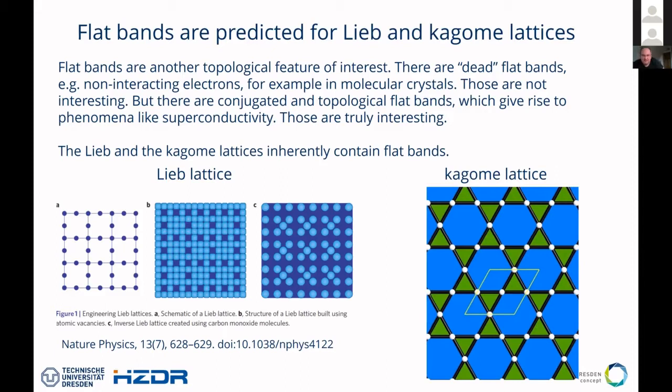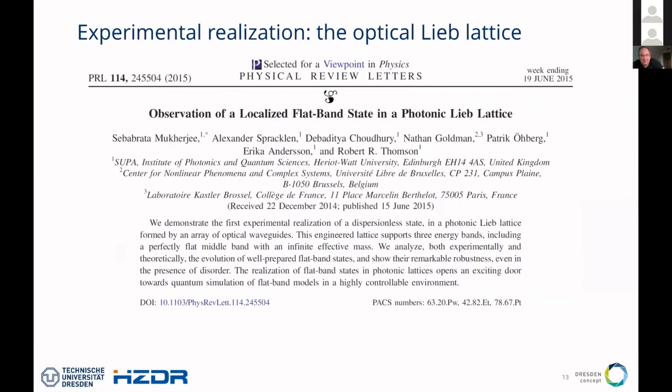So physicists thought, okay, now you can see here this Lieb lattice and this Kagome lattice. In order to implement that, physicists thought, okay, we cannot do it with atoms, we cannot do it with other things, but we can do it with optics. So they were actually creating optical lattices. If you're interested in that, you can go to these papers.